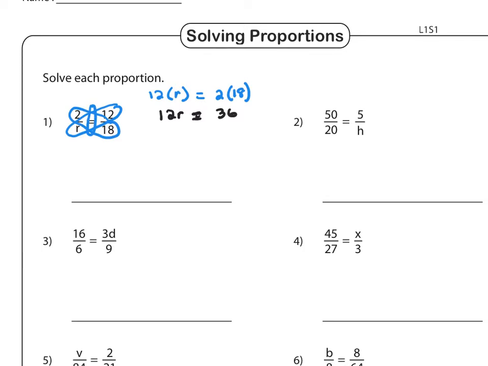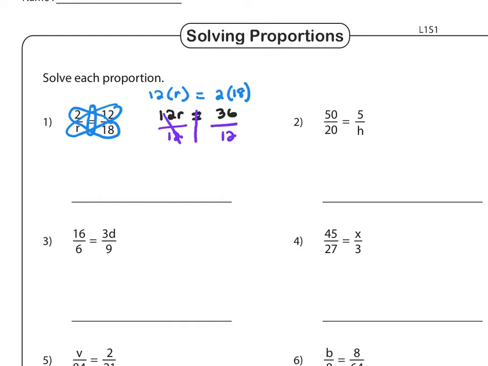So now I'm done with my cross multiplying. Now comes the solving step. I'm going to build my wall, either a dotted line or a solid line. I'm going to look at the side that has the variable, and I see 12r. Side by side means multiply, so I'm going to do the opposite. I'm going to divide by 12 on both sides.